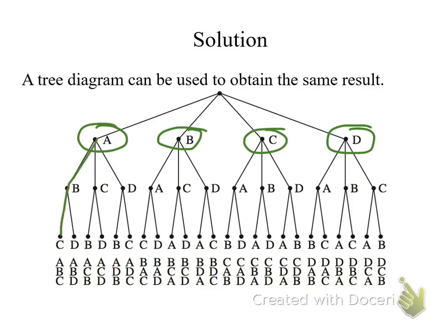I could go A, B, C, or I could go A, B, D, or I can go A, C, B, or I can go A, C, D. And so you can continue this on that last one, and so that you can see, hey, I did have 6 different options, and the tree makes it just a little bit more organized so you don't lose information as you're going. You could do that for each of those and see how many options you have total.